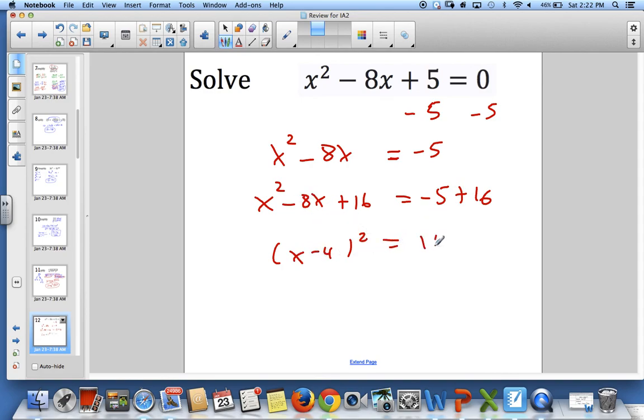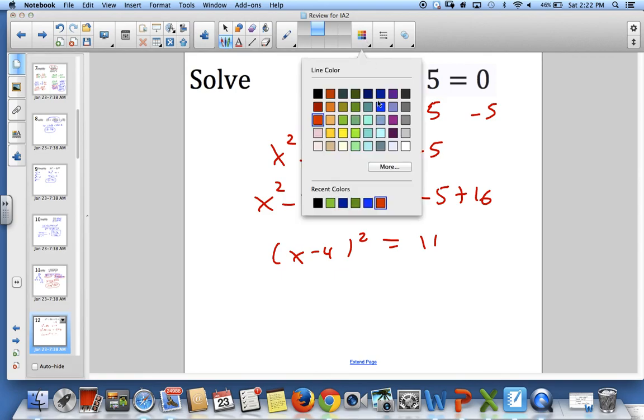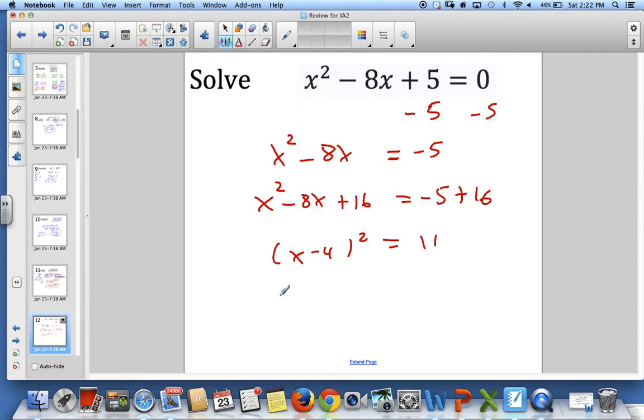And this becomes 11. So now we take the square root of both sides, as a plus or minus. This disappears, so now we've got x minus 4 equals plus or minus the square root of 11. Add 4 to both sides.